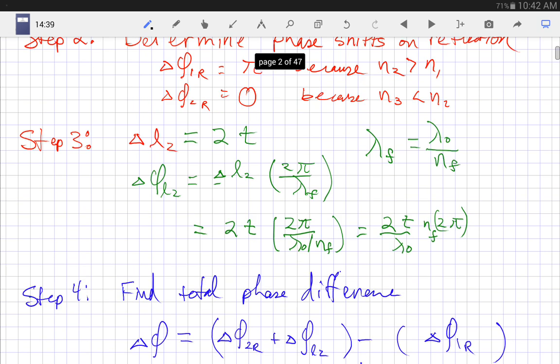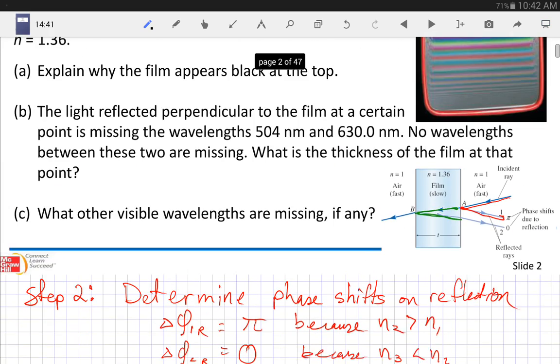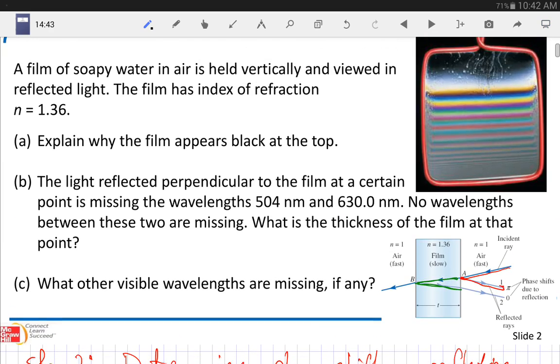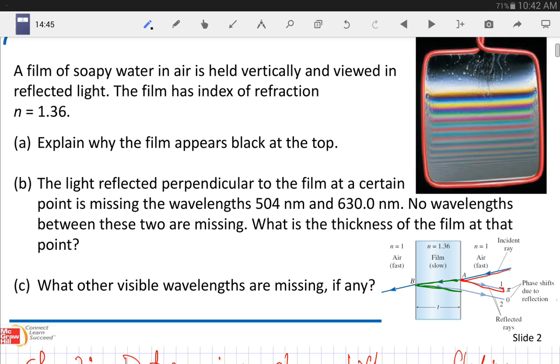So going back up to the beginning where we had the question, it said light reflected perpendicular to the film is missing 504 and 630. I found the condition for light reflected having constructive interference, but it asked me for destructive interference. Yes? It's M. M, okay, what is M?